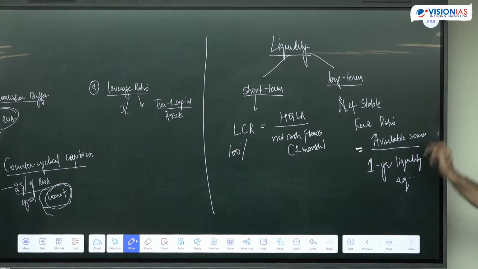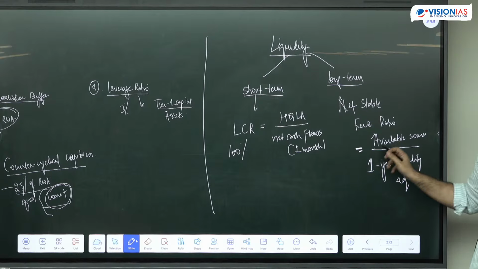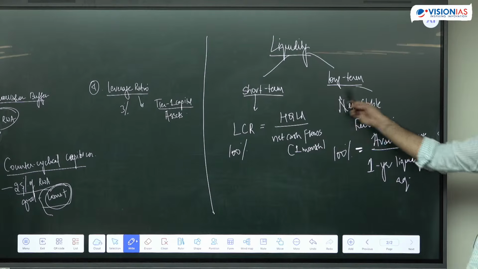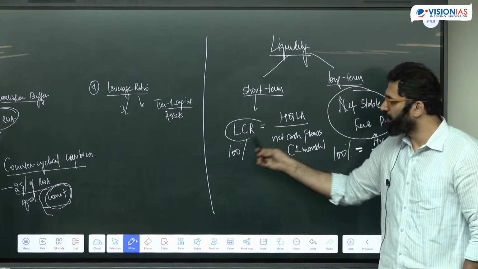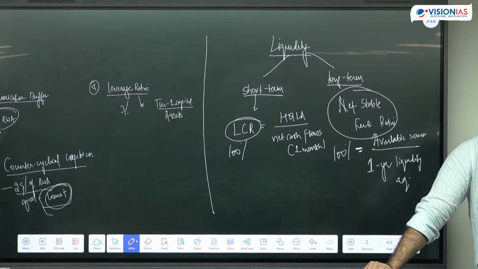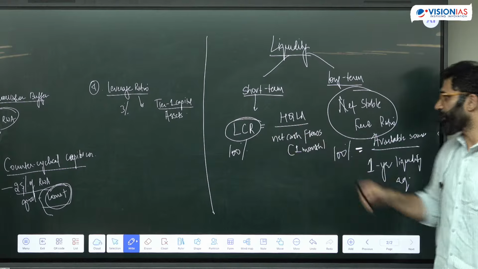So if I know in 1 year I need 1000 rupees, I should know from where I will get that 1000 rupees. Sources available to money required for 1 year should be 100%. This is for long term, and this is for whatever your 1 month cash flow is, that should be locked up in high quality liquid assets. Banks are complaining over this. बहुत बड़ा पैसा रुक रहा है यहाँ पे.